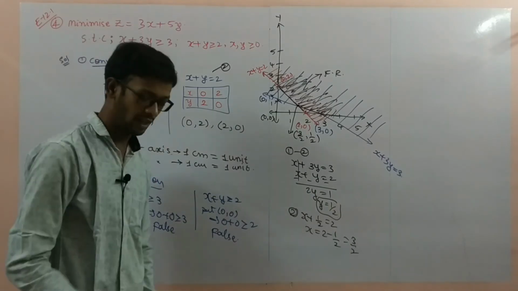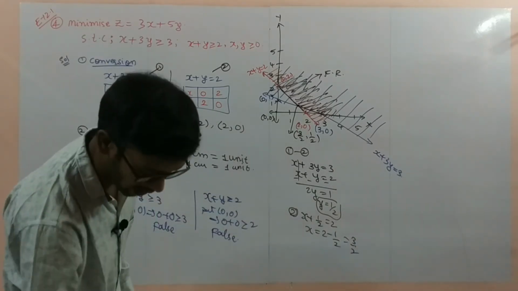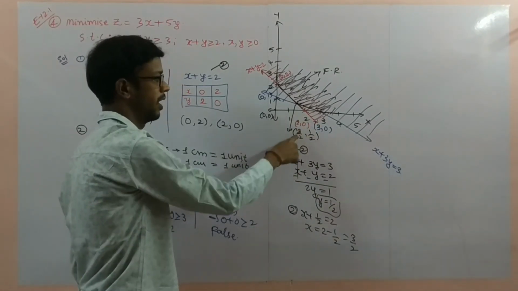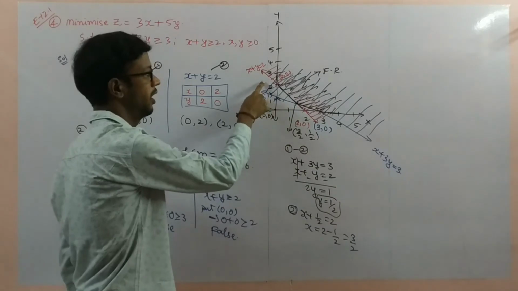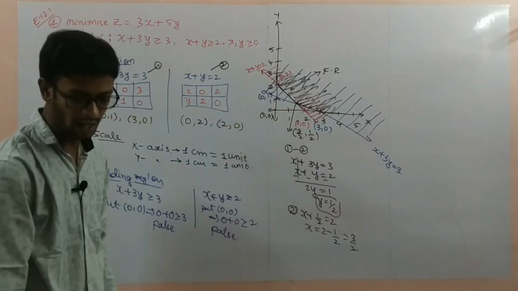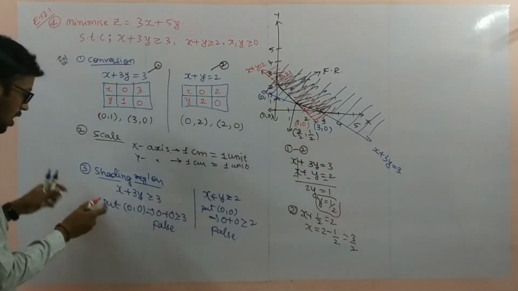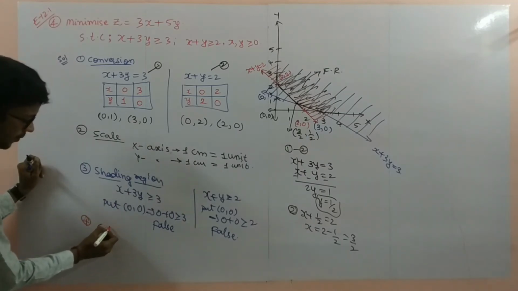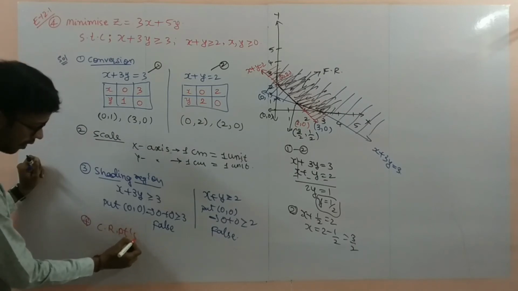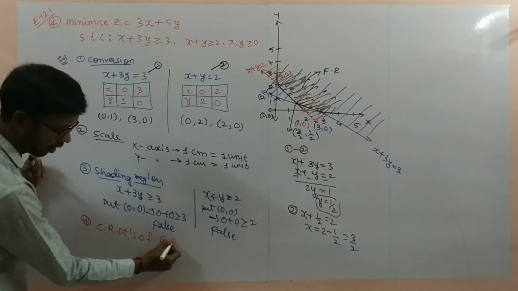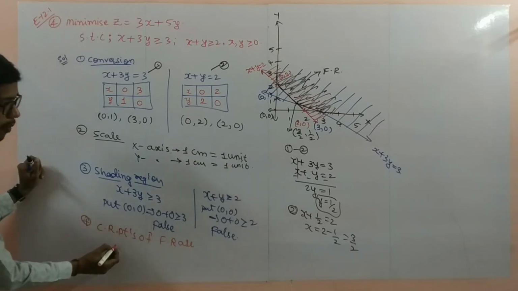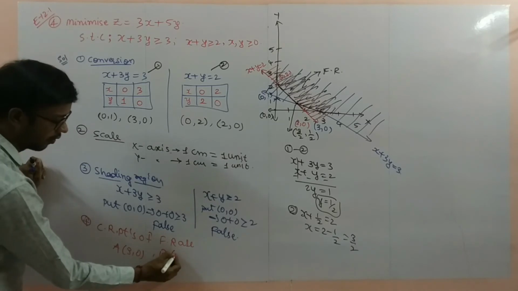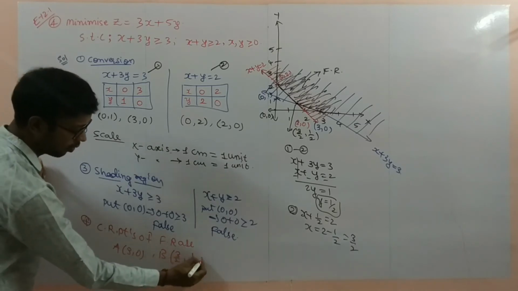Next, the corner points you have to write here. The corner points of the feasible region are: point A, I am taking as 3, 0; point B, 3 by 2 comma 1 by 2; and point C, 0 comma 2.